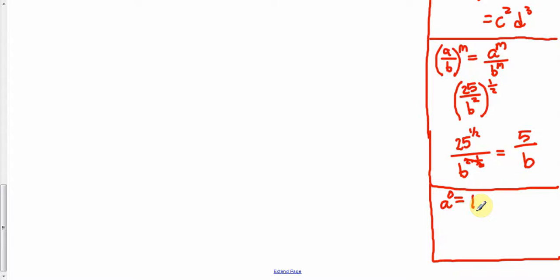Anything to the 0 power is 1. That's standard. There is mathematical justification behind it. I'm not going to go into it. You just need to know if it's something to the 0, it's 1. Okay?